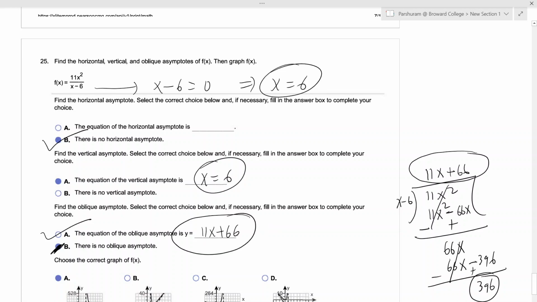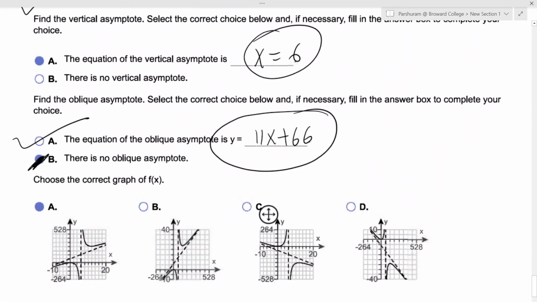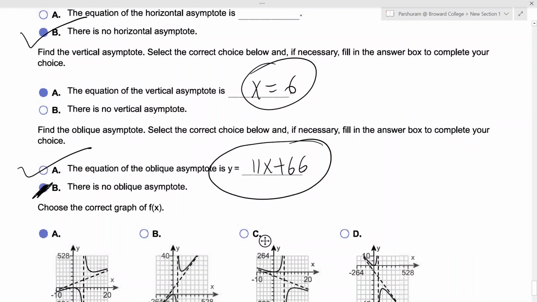And then if you plot all this information, you can choose the right graph. You can see that the graph must have x equal to 6 as a vertical asymptote, and y equal to 11x plus 66 is the right line.